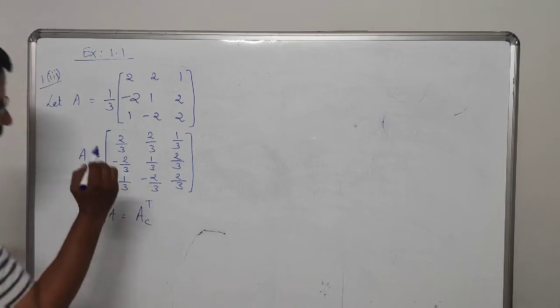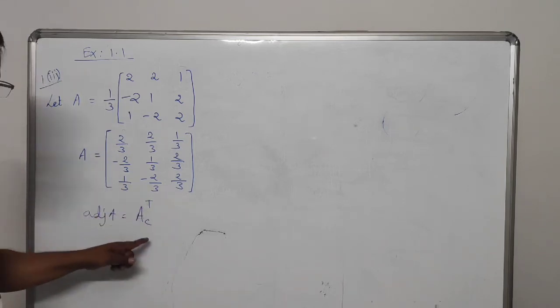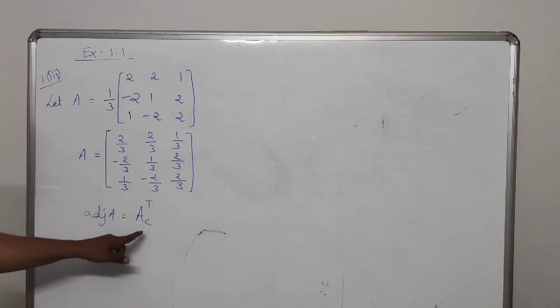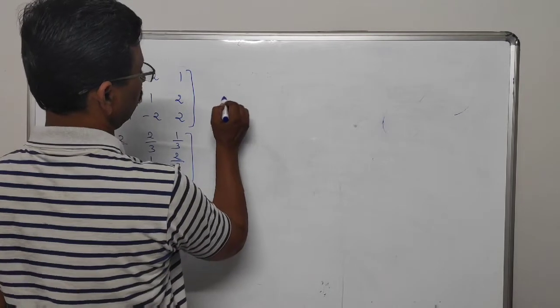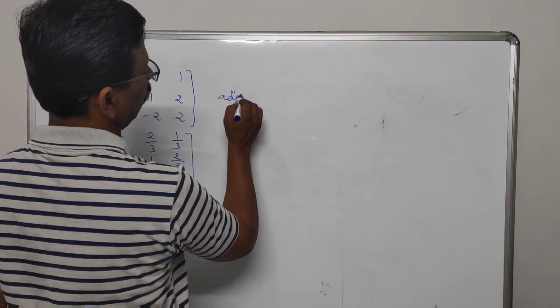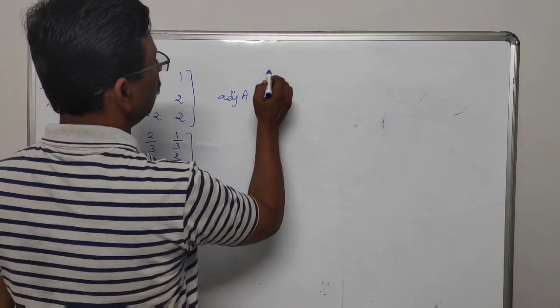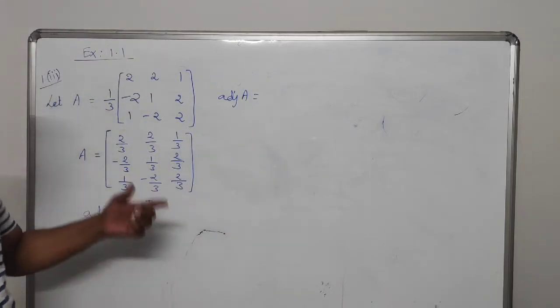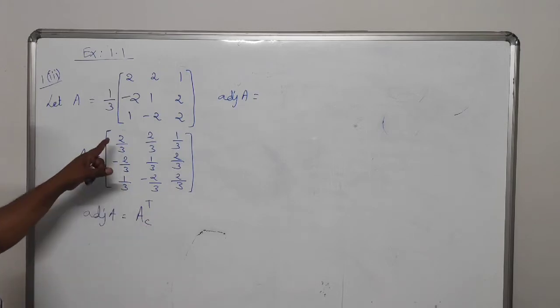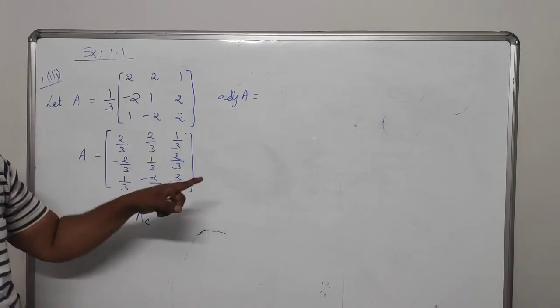the transpose of the cofactor matrix AC. Therefore, how can we find this transpose of the cofactor matrix? We can write adjoint A is equal to, as we have done in the previous problem, we can go by the shortcut method. First, for the 9 elements, we have to find the 9 minors.